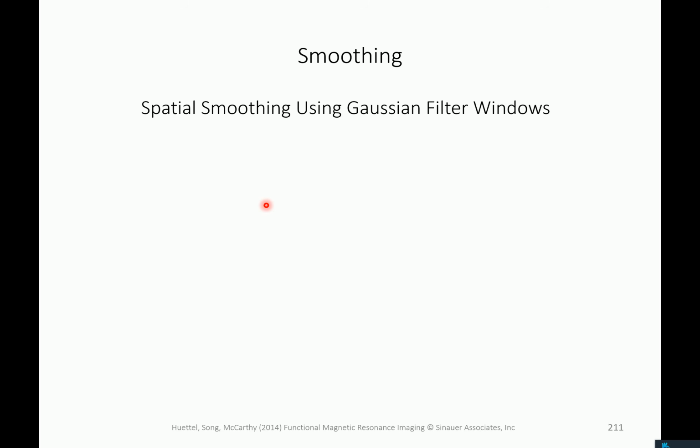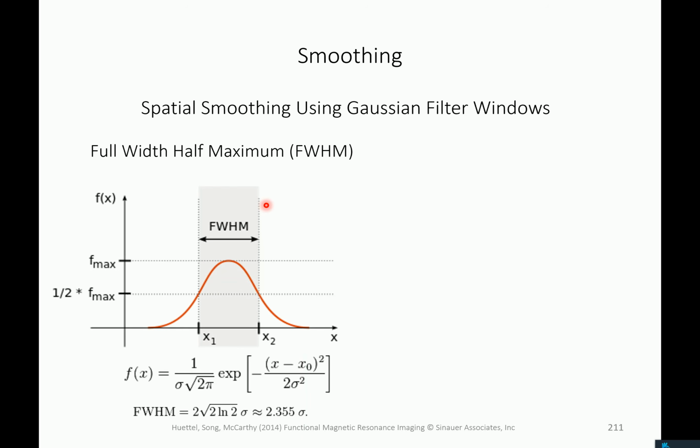Often what is also used in preprocessing, I usually do that after normalization, but it's here before normalization, is spatial smoothing, which is just computing essentially weighted averages with what is in this context called a kernel function, which is just a Gaussian. It is usually quantified in terms of its full width at half maximum, which is just a conversion of its standard deviation.